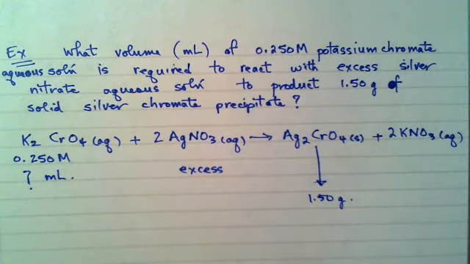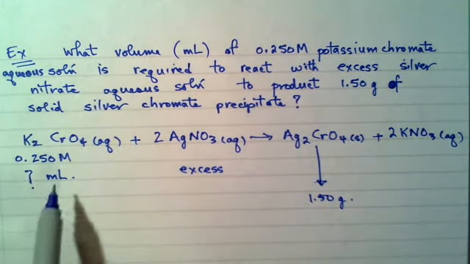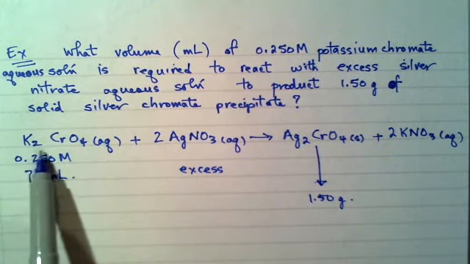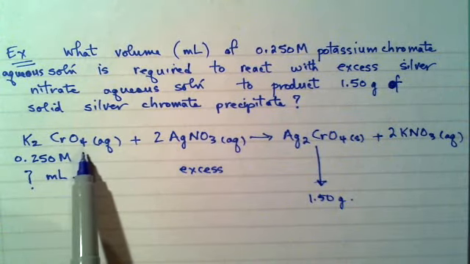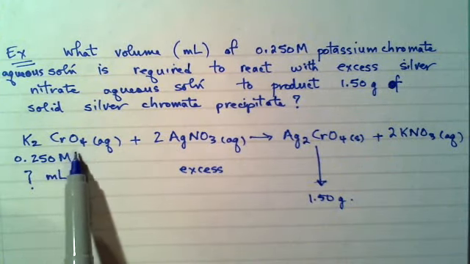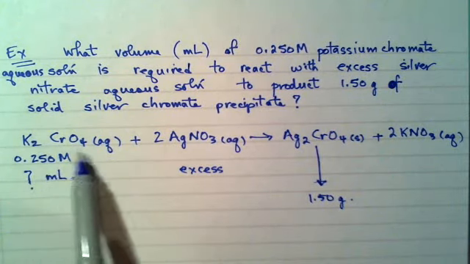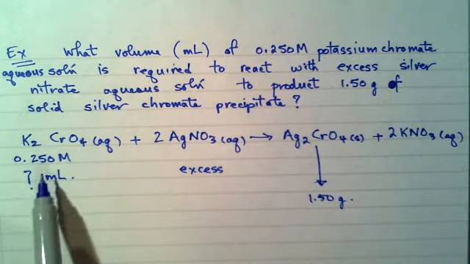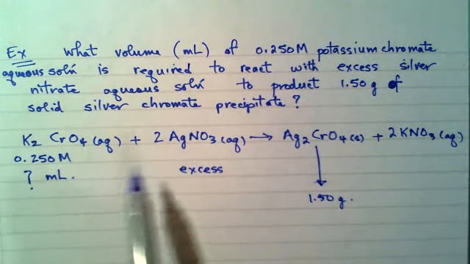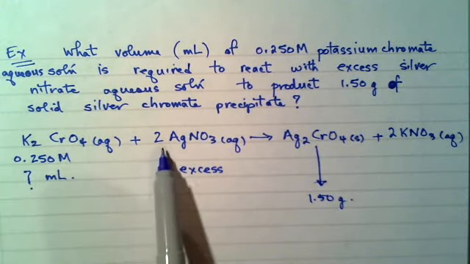You can go back and freeze frame it at this point, but there is my potassium chromate. Remember, we have to know the names of our ions and polyatomic anions. There's my potassium chromate solution, and it's 0.25 molar potassium chromate.